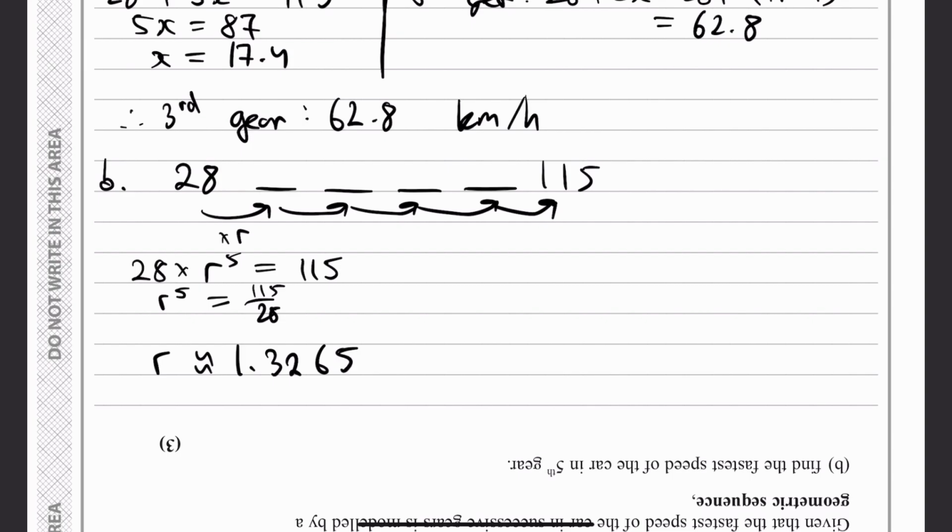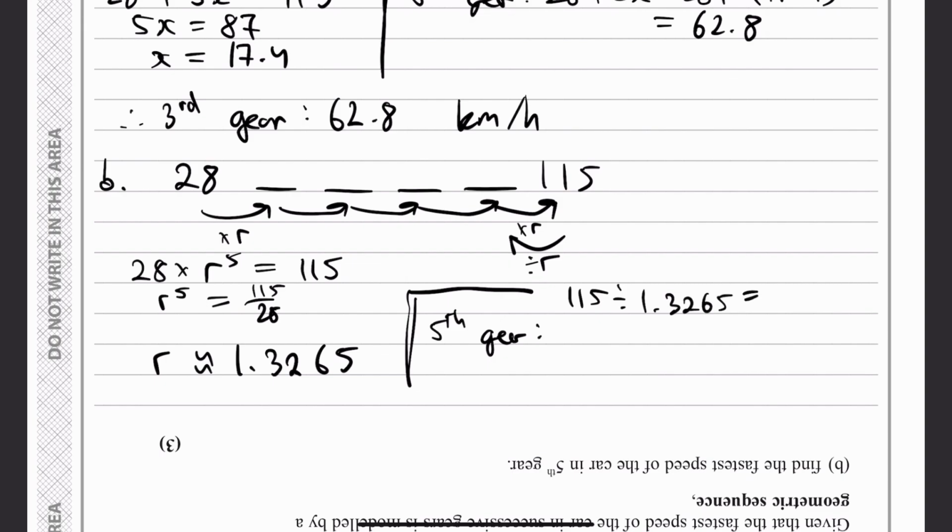So now we can just work out the 5th one, but instead of going all the way along, since this is multiplied by r if I'm going this way, I can just divide by r. So the 5th gear is going to be 115 divided by 1.3265, which is 86.7.